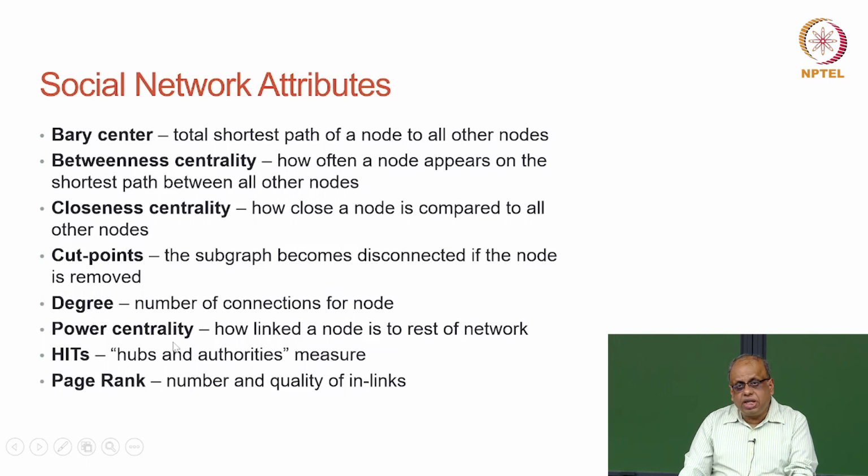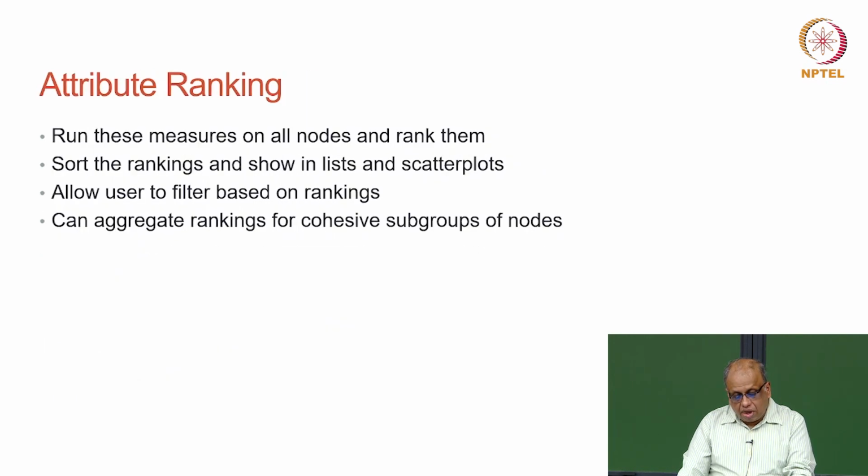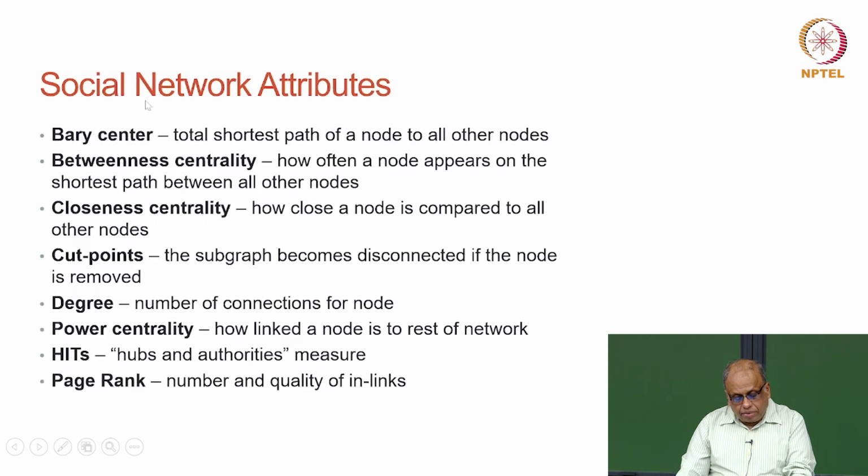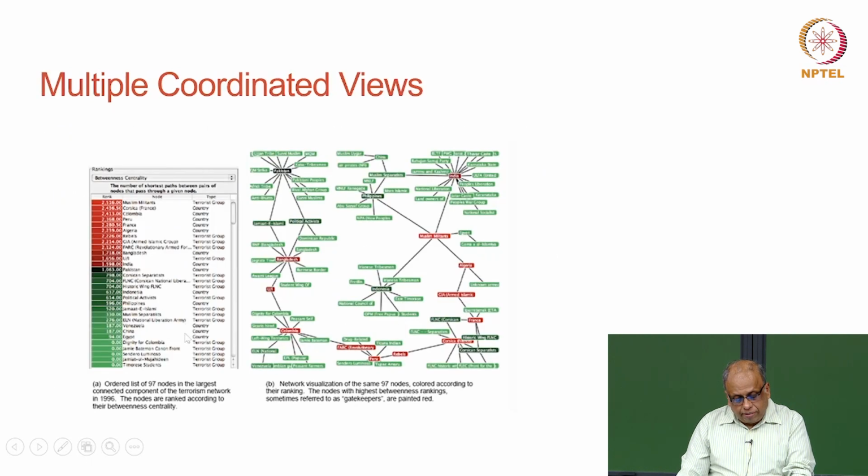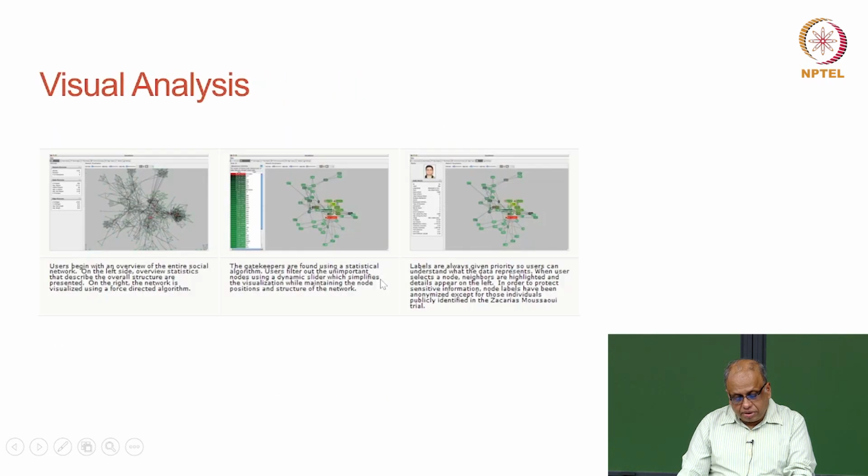So, you know about HITS and PageRank? Yeah, okay. Then you can rank them based on that, and the nodes colored red in this view are also colored red in the graph visualization. So the top nodes in this view are also highlighted in the graph visualization.